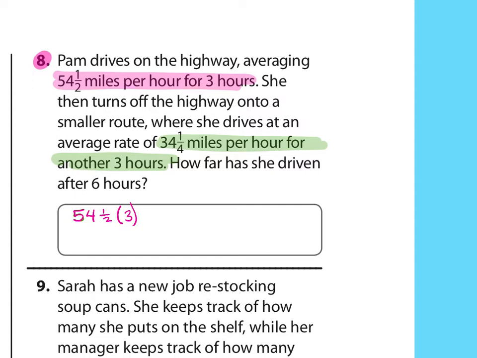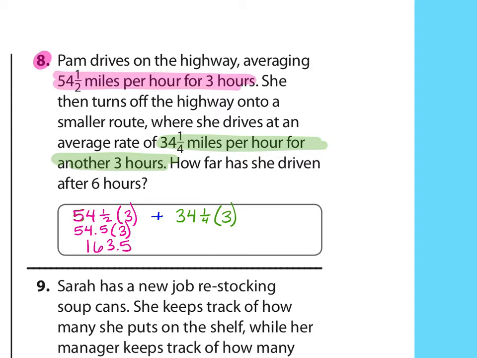And then let's go over here and take 34.25 miles per hour times 3 hours, and that'll be the miles that she's driven on that smaller road, and we'll add these together. Remember, 54.5 could be changed to a decimal times 3. 54.5 times 3 comes out to 163.5.